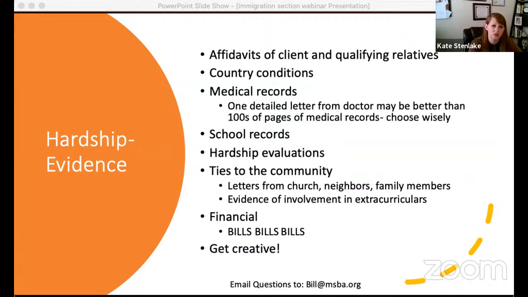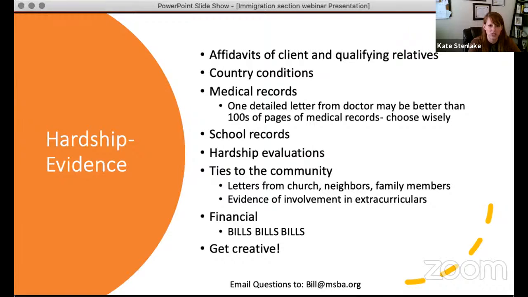But a hardship evaluation will really help to bolster those arguments, because maybe there's already a history of slight anxiety. The qualifying relative might not have an actual diagnosis for anxiety, but when talking to a therapist about the future, if the client has to be deported, they can say that there's increasing anxiety, or there's a danger of PTSD, and more danger because of family history of whatever.